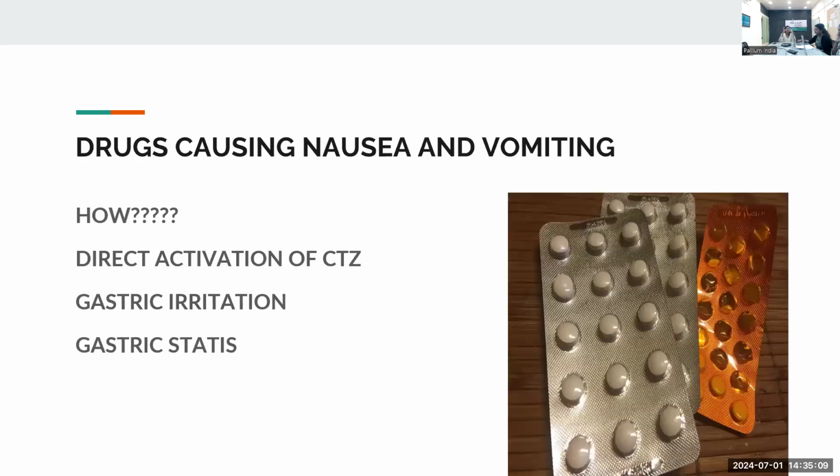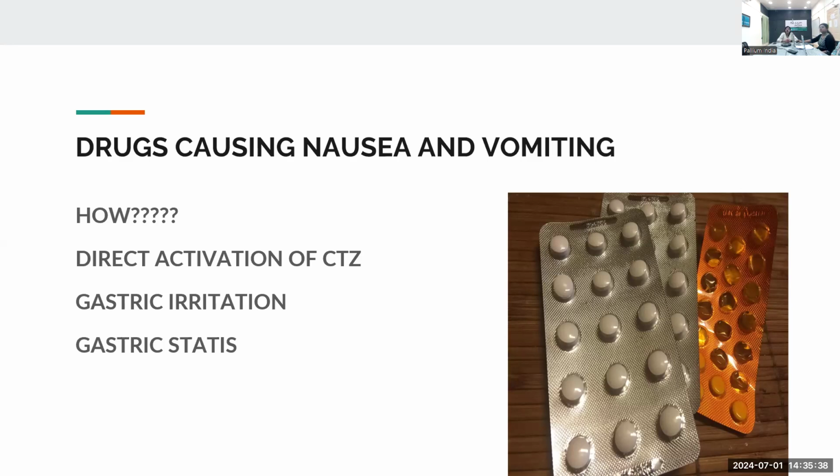Next. So we have already studied a few drugs causing nausea and vomiting, which is a very common drug in our setting. Can anyone tell? In a palliative care setting? Which drug? Tramadol. Yeah, opioids.